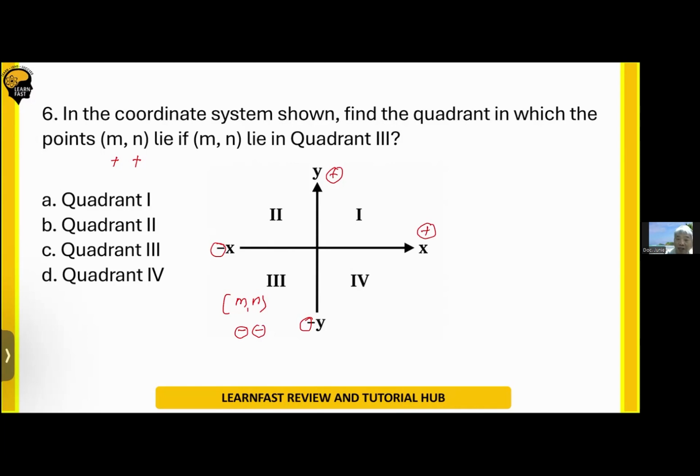So the question is, in which quadrant would you be able to locate the points with a positive M and a positive N? Therefore, you will find M and N in quadrant 1. So the answer is letter A. Clear? So let's have number 7.